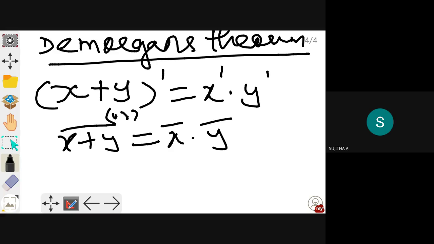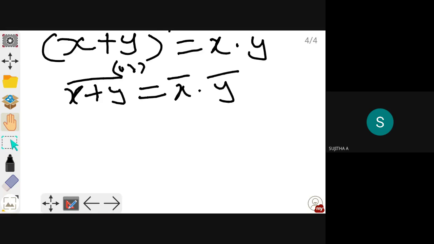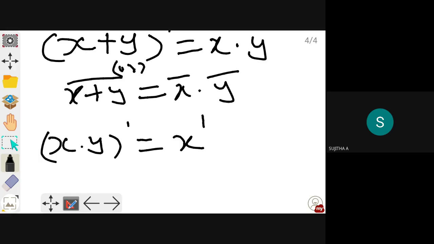The other theorem is in terms of into, that is x into y the whole bar is equal to, you take the individual complement value. x can be written as x bar. Instead of into, you have to write plus, and instead of y, you write y bar.